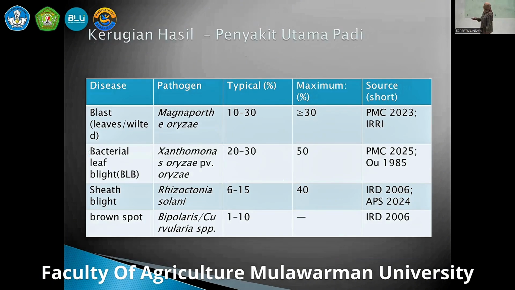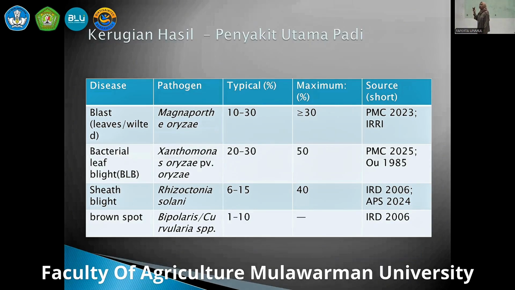And then let's go to the loss. How much loss? See, this is again the main disease of rice. One is blast, almost everywhere. For the rice field, we get attacks from blast disease, caused by the pathogen Magnaporthe oryzae.